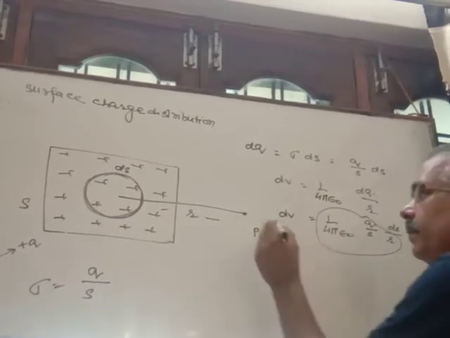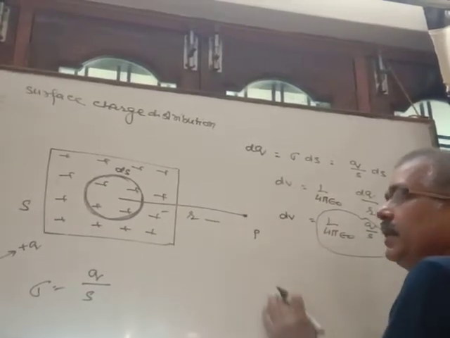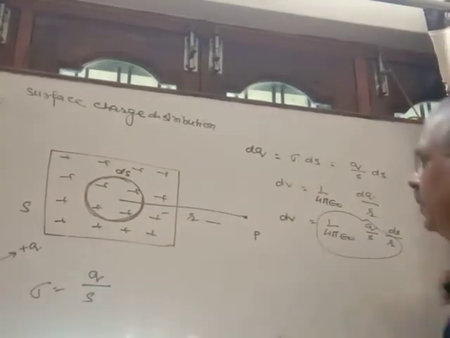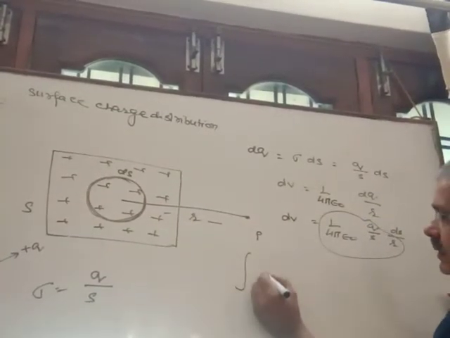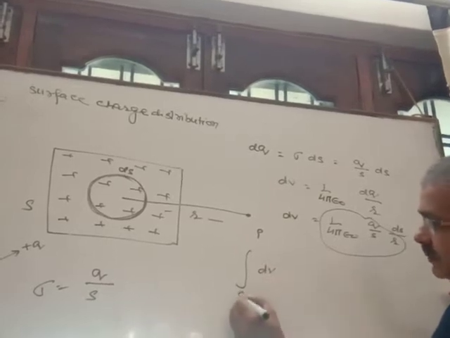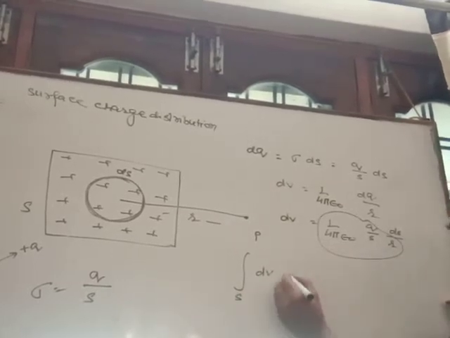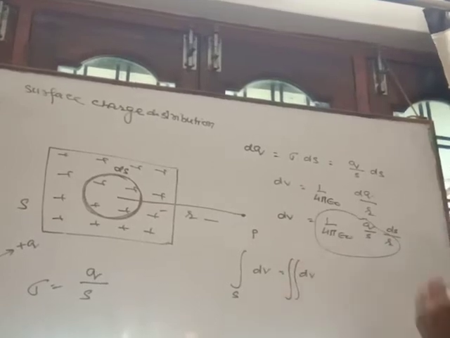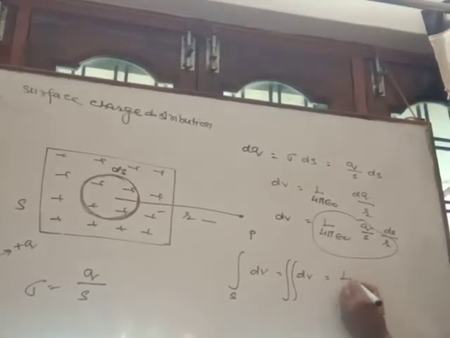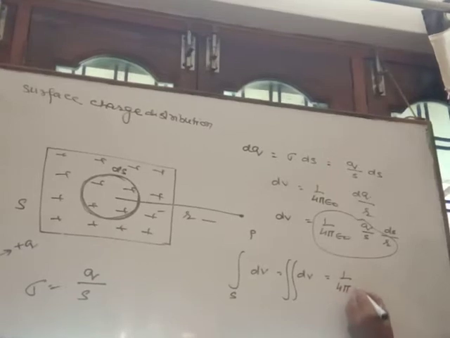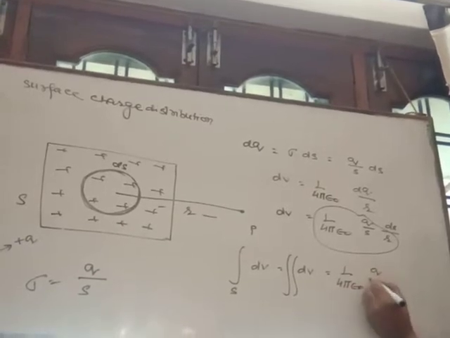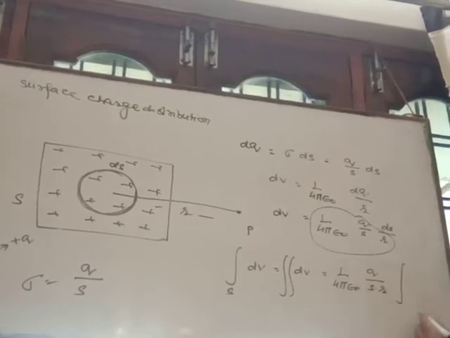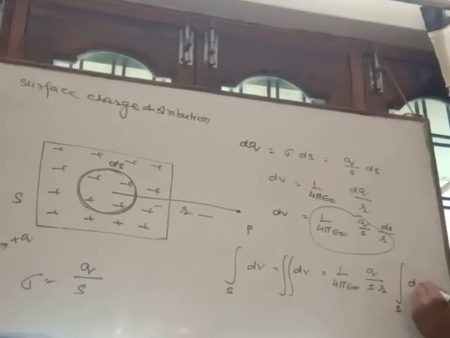So what is the net potential at point P due to the whole charged metallic sheet? For this purpose we will integrate it, and it is called surface integration. Or you may write it like this: double integration is equal to 1 upon 4 pi epsilon 0 Q by S into R, surface integration of ds.